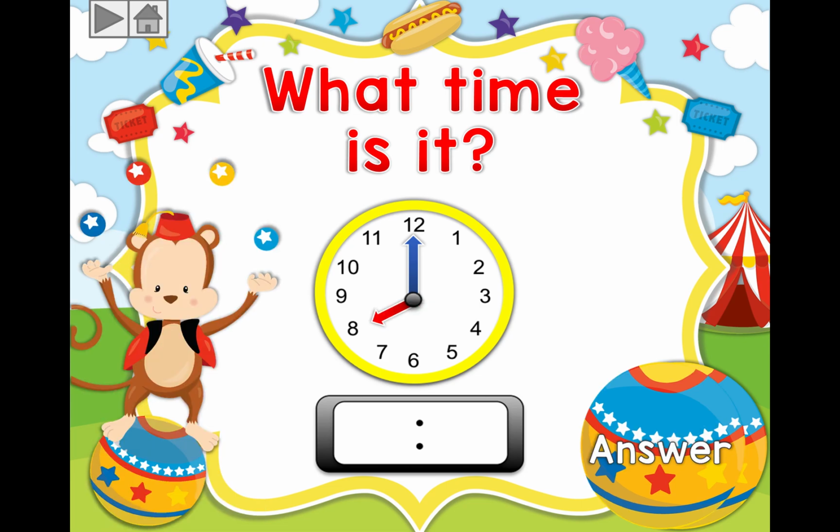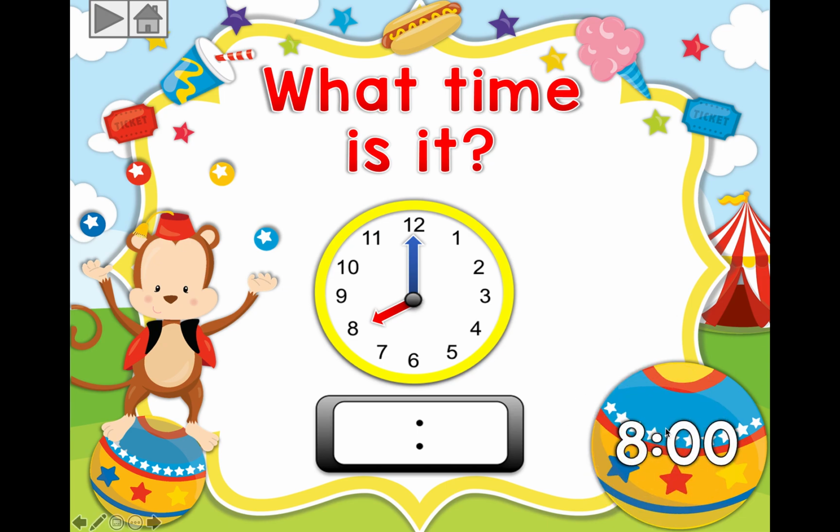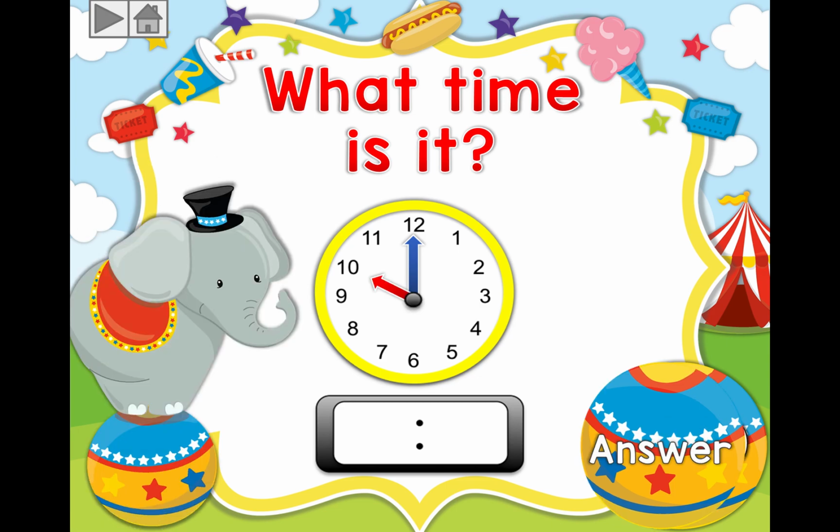Let's look at this clock over here. What time is it on this clock? Yes, it is 8 o'clock. If you've guessed 8 o'clock, well done. But when we write 8 o'clock in digital time, we write an 8 and a 0 and a 0. That means it is 8 o'clock.